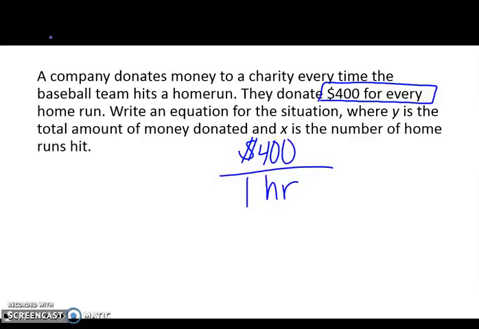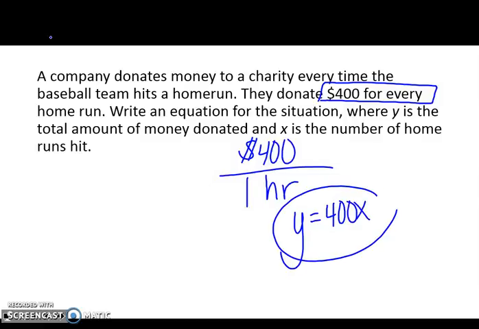Guys, since they already gave us our unit rate, we're just going to plug this into our equation. So if they tell us that we hit 17 home runs, we can plug 17 in for that x value and find out how much money was donated. You can use that equation to find out that piece of information by simply multiplying.